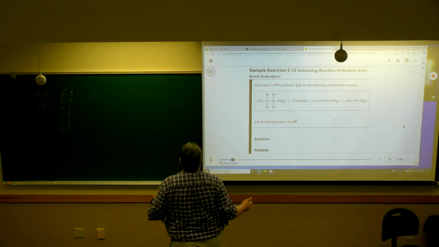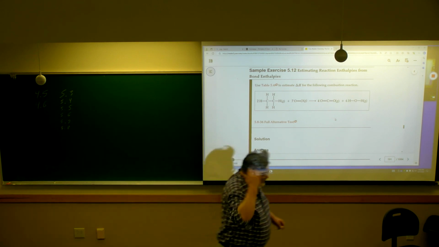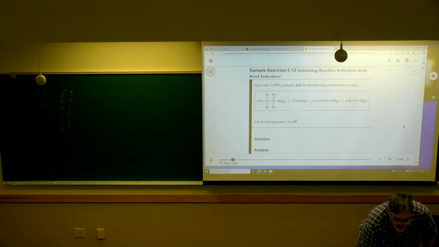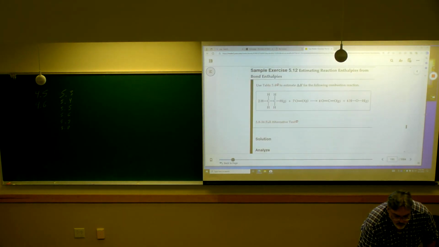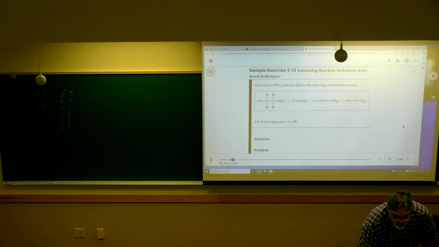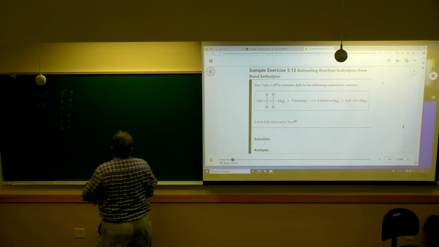So sample exercise 5.12. All right, let me make sure the video is pointing where I want it. So that's showing you the molecular diagram.